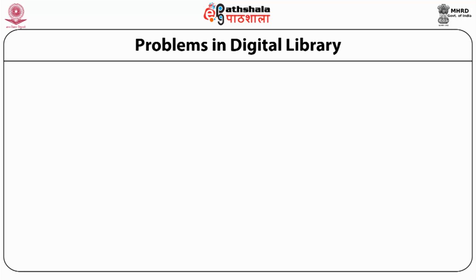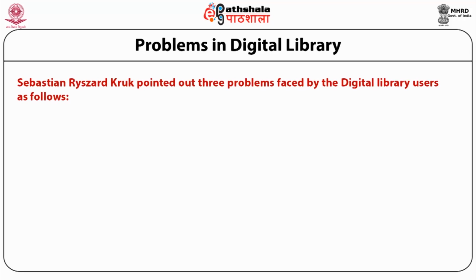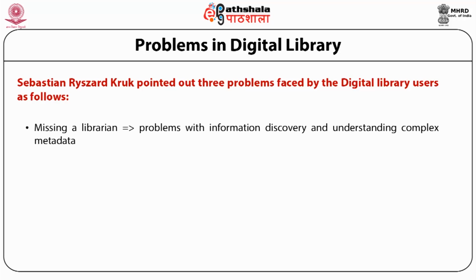The problems in digital libraries. Sebastian Crook pointed out three major problems faced by digital library users. Firstly, the users are missing a librarian, that is, the problems with information discovery and understanding complex metadata of the digital library.